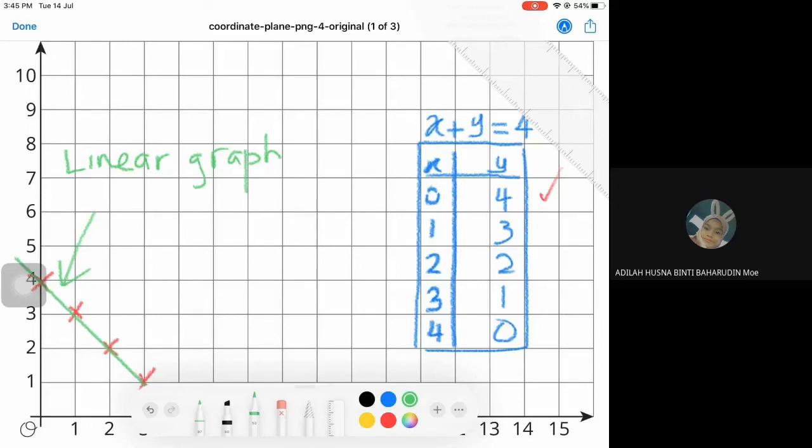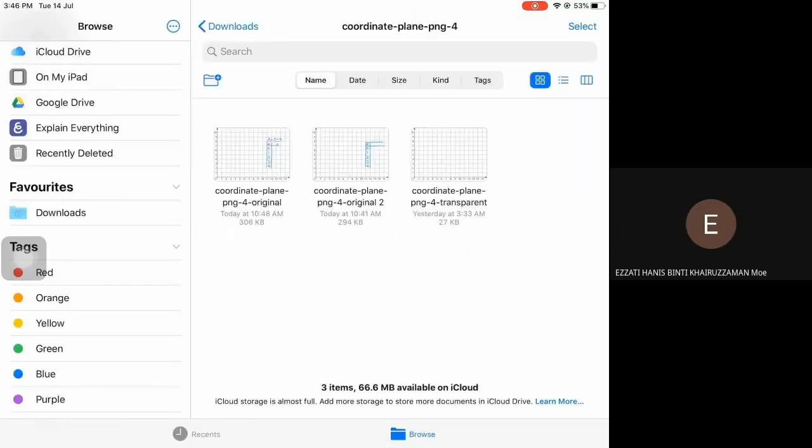Okay, this is called a linear graph, every graph has its name. Because this green line, we draw this line based on x plus y equals to 4. So this is how to draw a linear graph. Okay, finished drawing? Done. Okay. Okay, let us do another example.